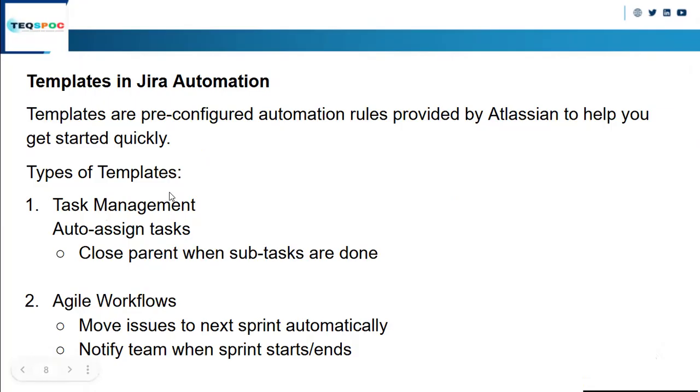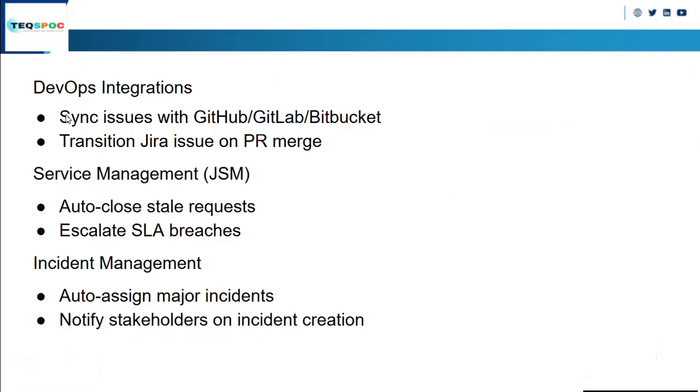For example, the task management template has auto-assign task and close the parent when subtasks are done. An agile workflow template lets you move the issue to the next sprint automatically or notify the team when the sprint starts or ends. Then the DevOps integration template will always sync the issue with GitHub, GitLab, or Bitbucket.